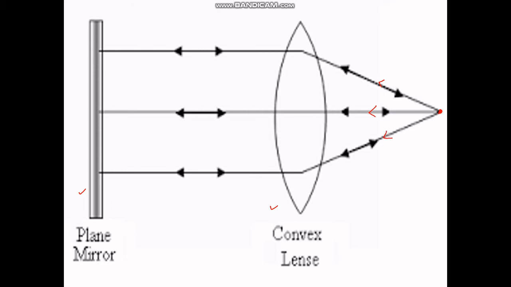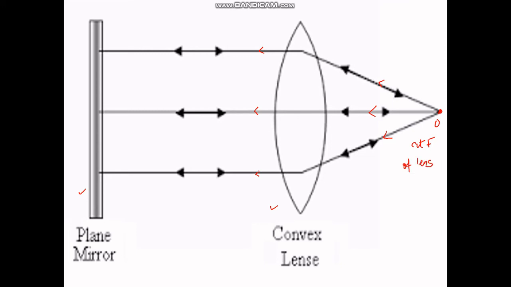Now this light, after getting refracted, becomes parallel. Why will it become parallel? It will become parallel only when the object is at the focus of the lens, right?